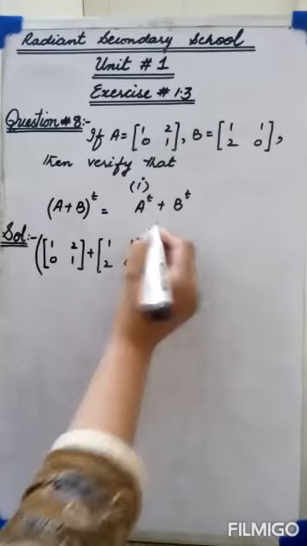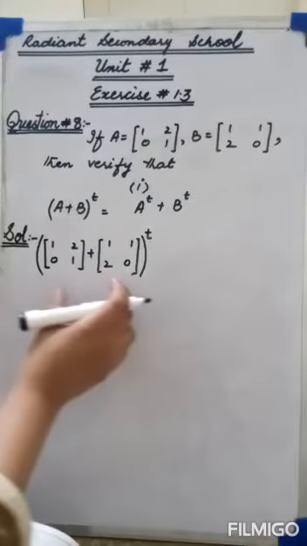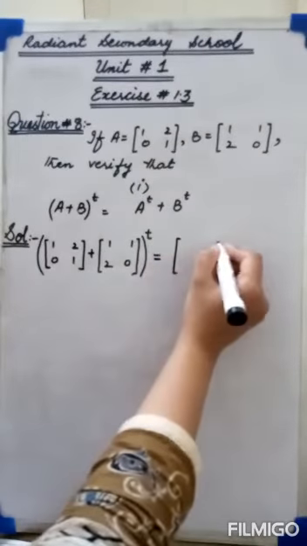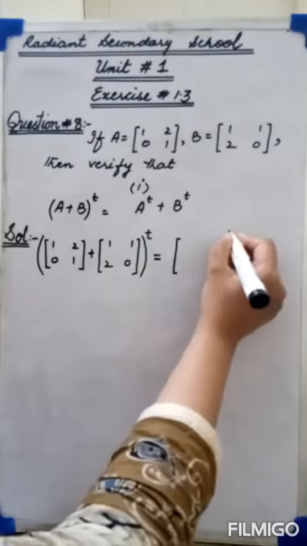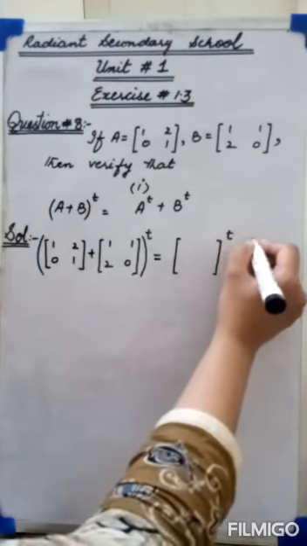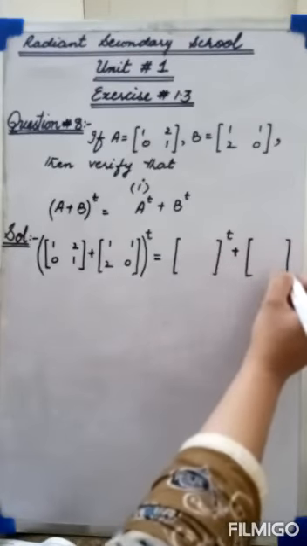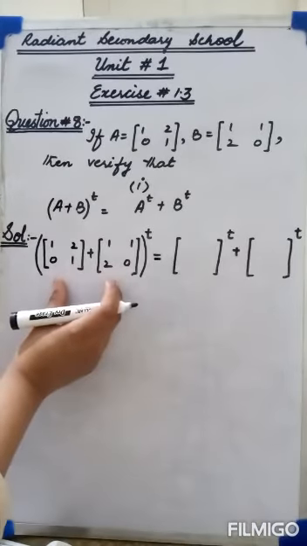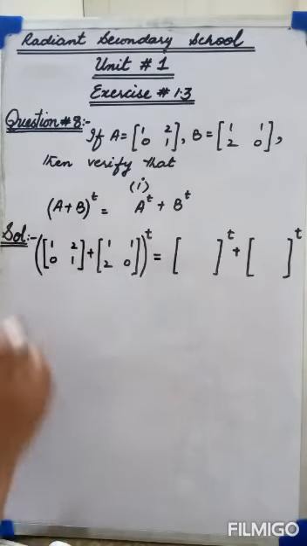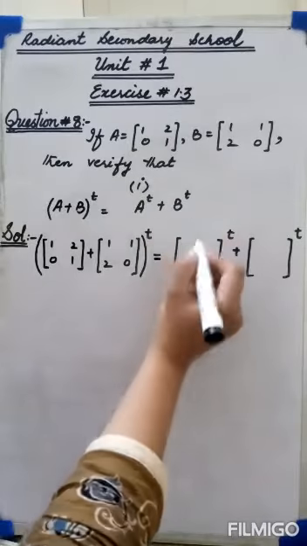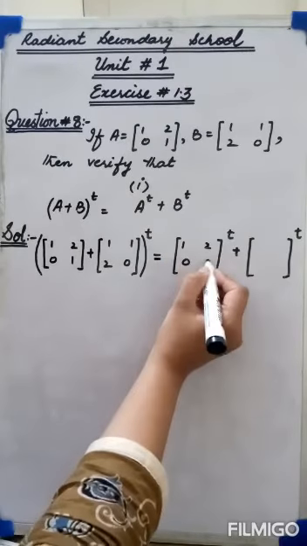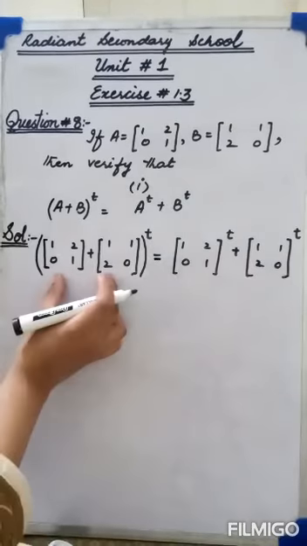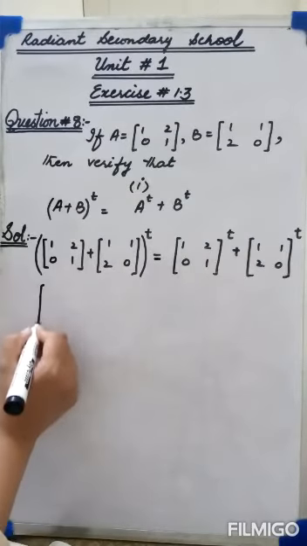We just have to put the values, and on this side we have A transpose plus B transpose. It means first we have to take the transpose, then we will add the matrices. But here, first of all we have to add the matrices, then we will take their transpose. So matrix A is 1 2 0 1 and B is 1 1 2 and 0. Now we will add these two, and you know how to add matrices.